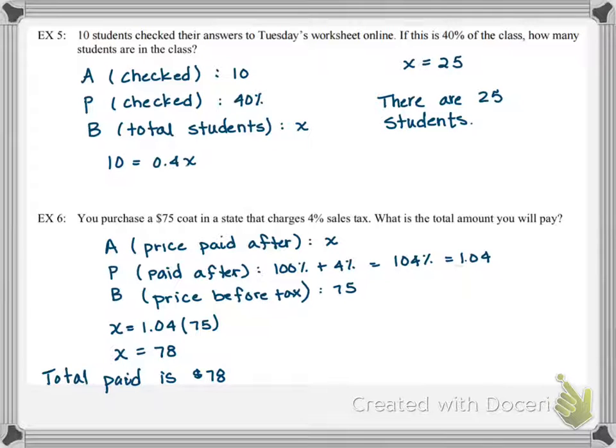The reason that in some problems it's necessary is that if we don't know the price before, we can't just, like if in this case we knew the price paid after, and we said that our percent was just 4%, you can't take the price that's paid after and subtract it to get the price that's paid before, because you're taking a percentage of a different number.